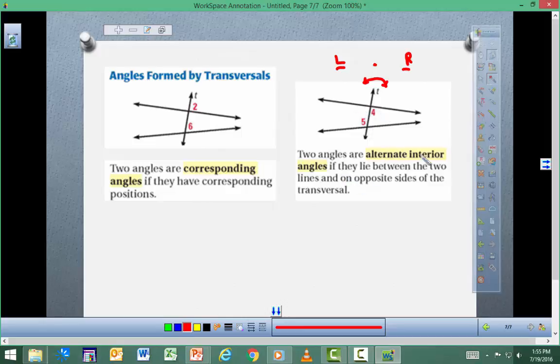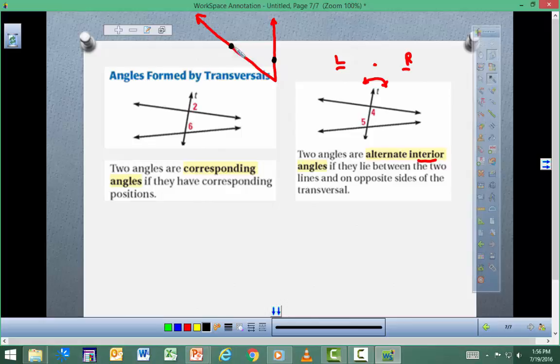Now, what's this part interior mean? Well, remember when we were talking about the interior of an angle, where we had an angle like this, and remember what I said? How can you talk about the interior angle? Well, you can pick any point you want on this ray. Say that one. You can pick any point you want on this ray. Say this one.